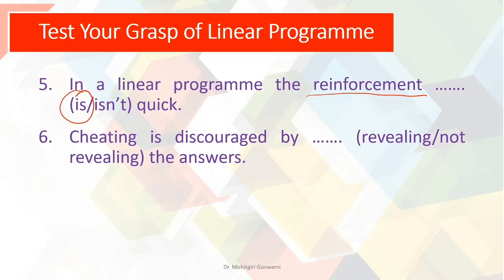Cheating is discouraged by blank the answers. Yes, revealing. If the students know that they will be given the true answer in the second frame, they won't look at other students. So cheating is discouraged here.